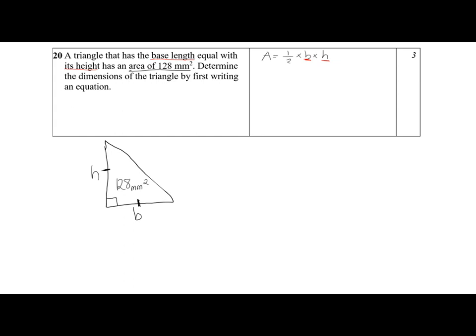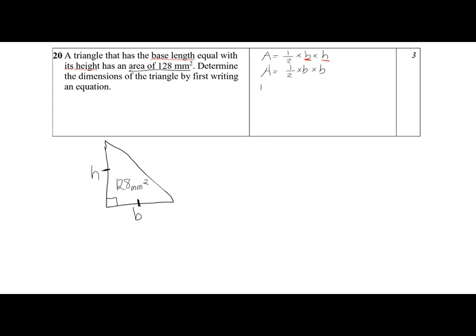So what I'm perfectly justified in doing here is saying that the area is a half times b times b, because the height is the same as the base. So I could replace an h with a b and it will still work for this particular triangle only. This isn't a general rule, but it's based on the information that we're given.